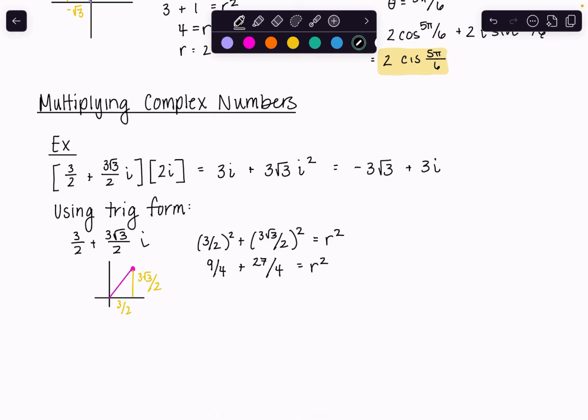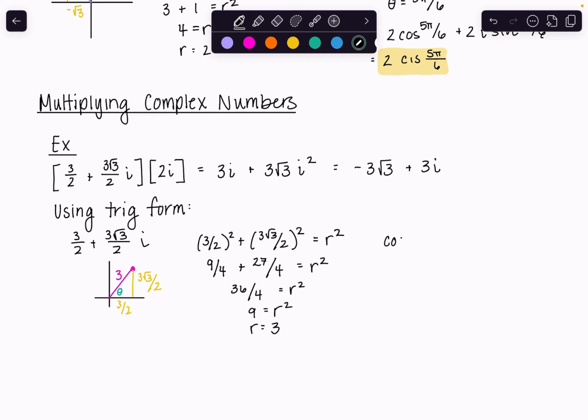They both have the same denominator. So 9 plus 27 is going to be 36 over 4 is r squared. 36 divided by 4 is 9. And so r is going to equal 3. And then again, you can utilize tangent of theta. Your angle is just the one right here in quadrant 1.